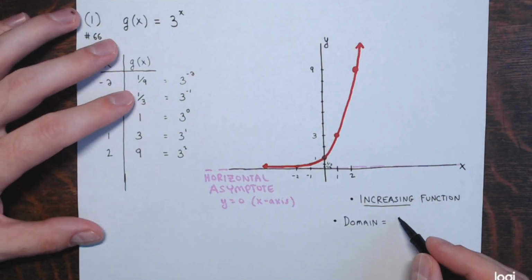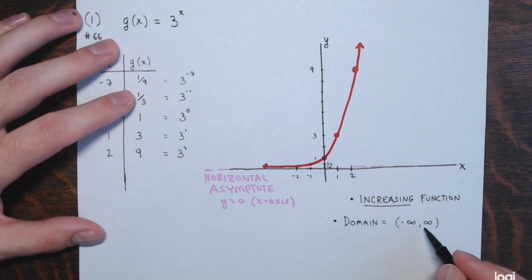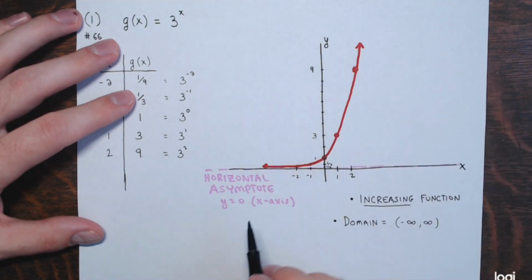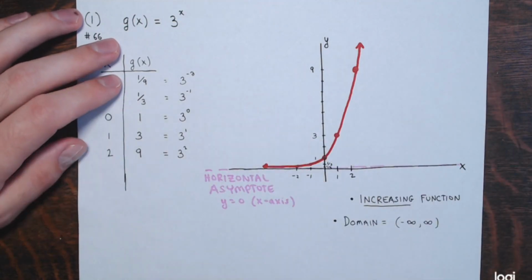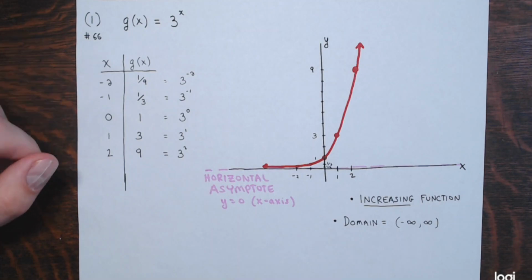So the domain is all real numbers, and this will be the case for any exponential function. And the function will either be increasing or decreasing. It's either going to go up as you go left to right, or it's going to go down as you go left to right forever. But it depends on what function you're looking at.